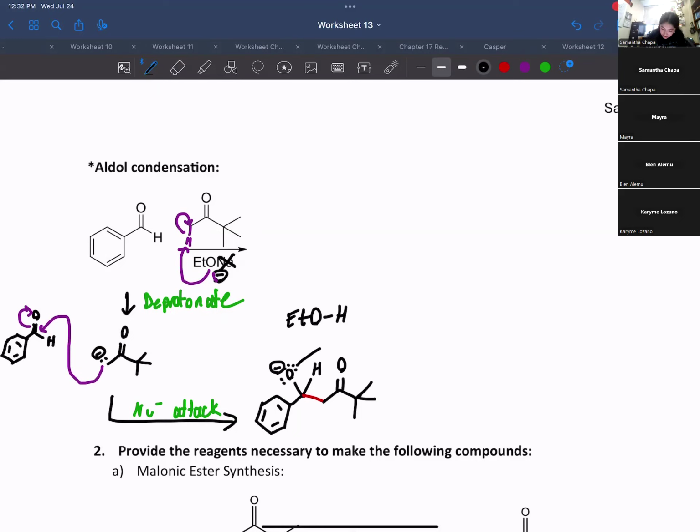The electrons on this oxygen are going to deprotonate ethanol. We'll call this the protonation step, because we're protonating what we want to be protonated. And we create this compound next.